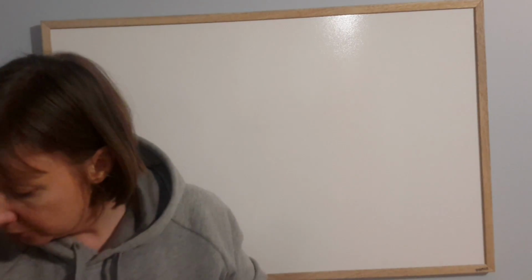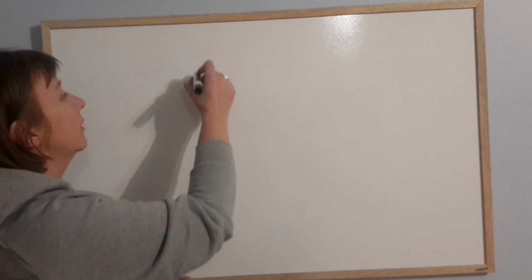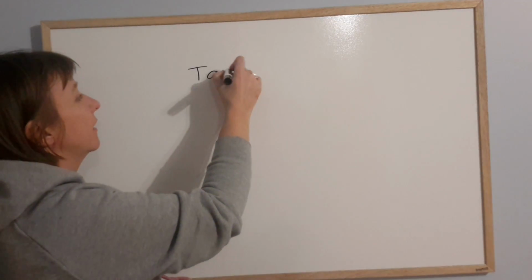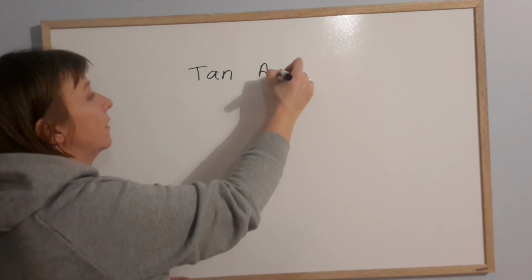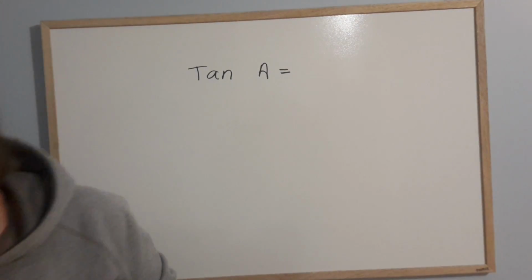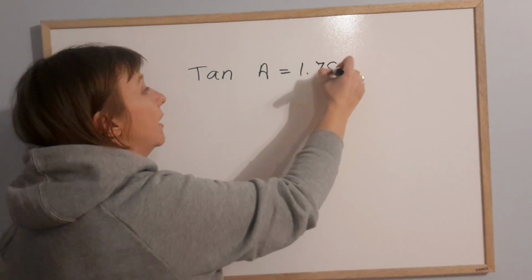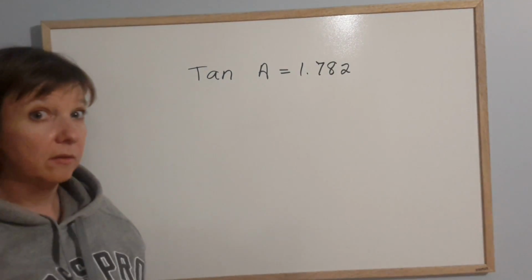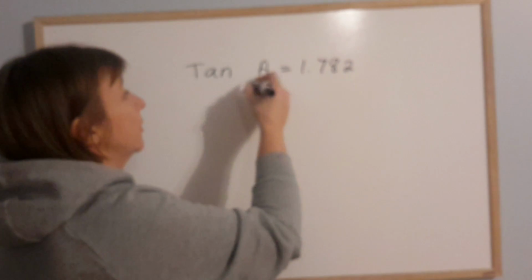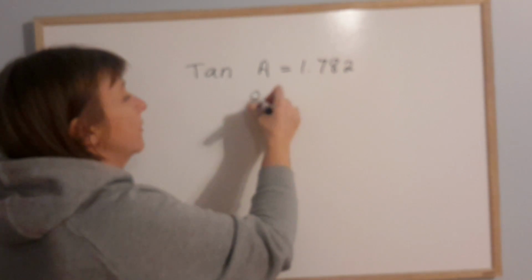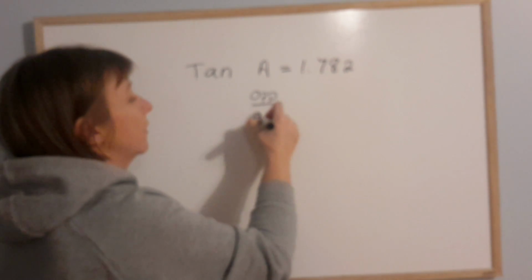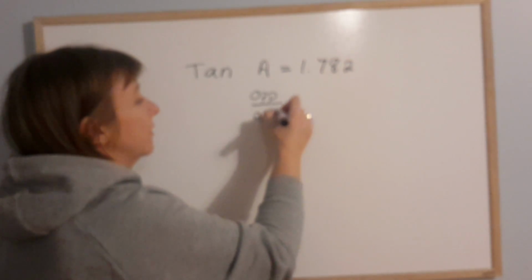There's no work to show, but how it looks is they say tan of some angle is 1.782. So what that means is, remember, tan is the opposite side over the adjacent side.